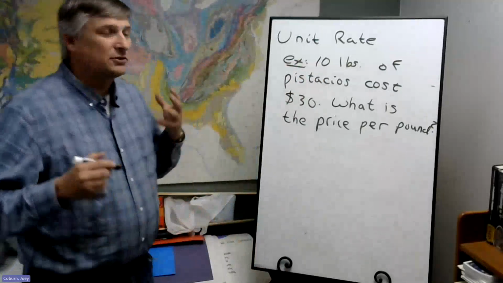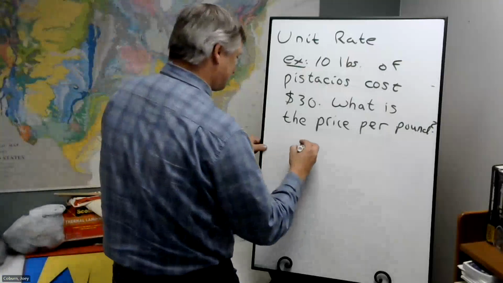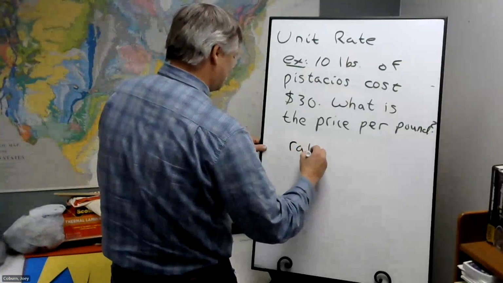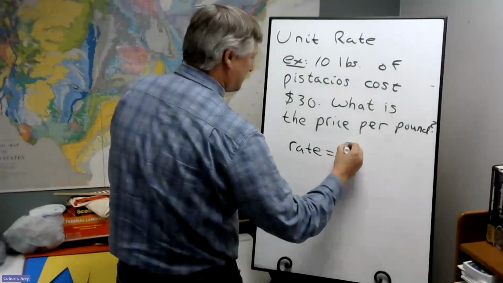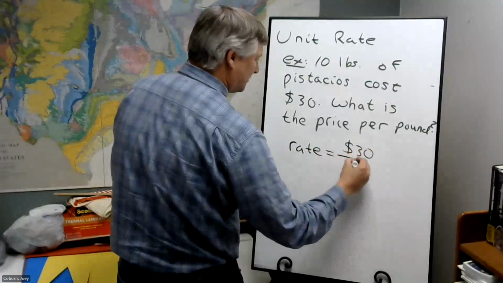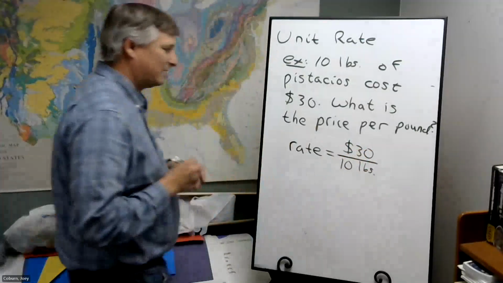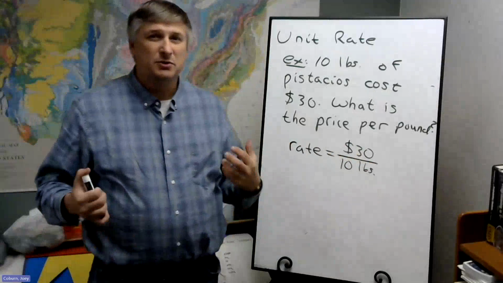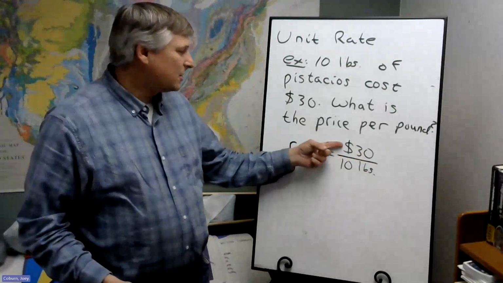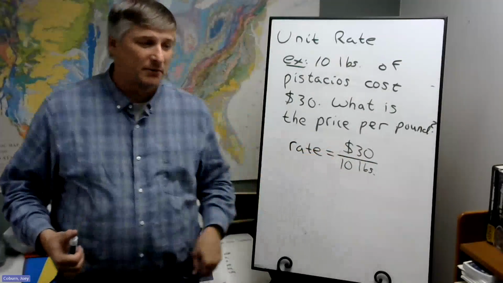So what we're going to do is construct a rate. The rate is $30 for 10 pounds. And we want to turn this into a unit rate. What is the dollar amount per 1 pound?